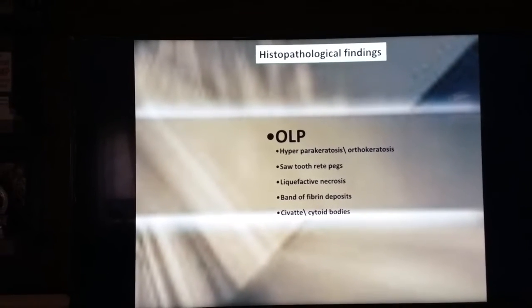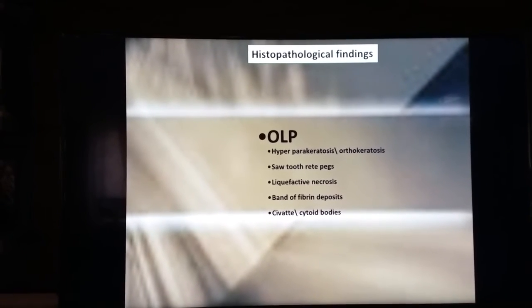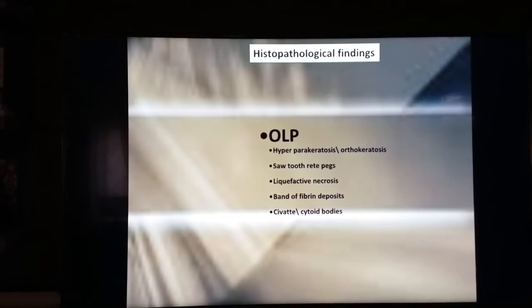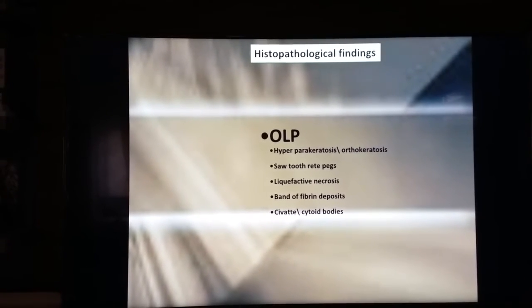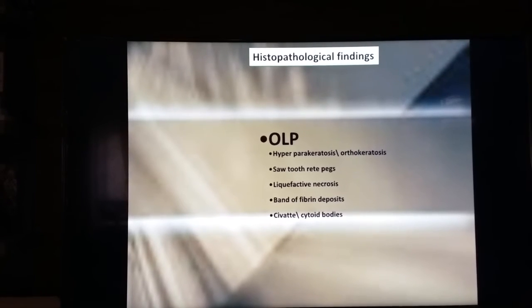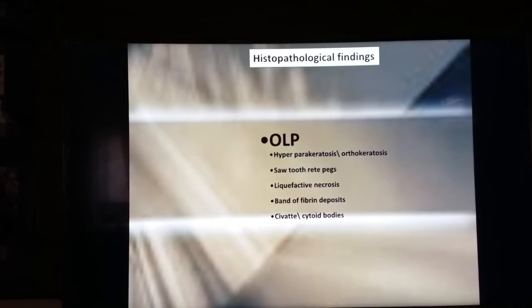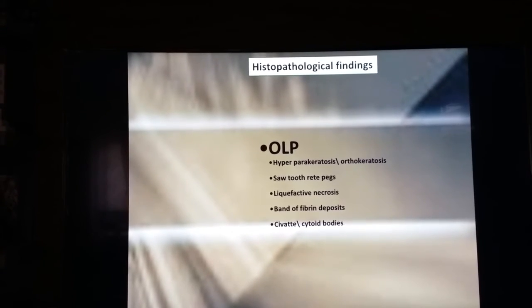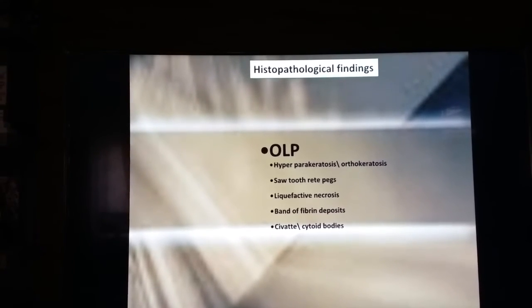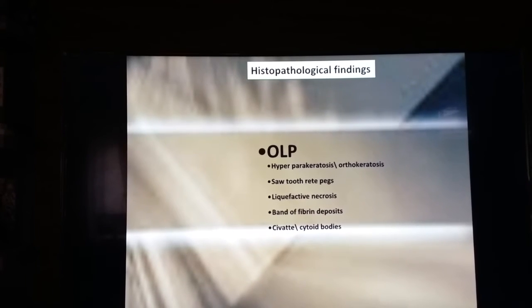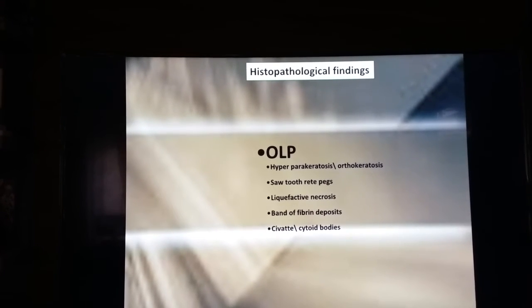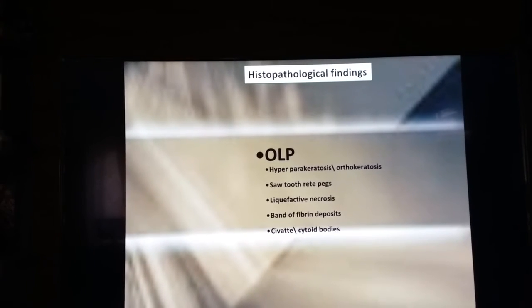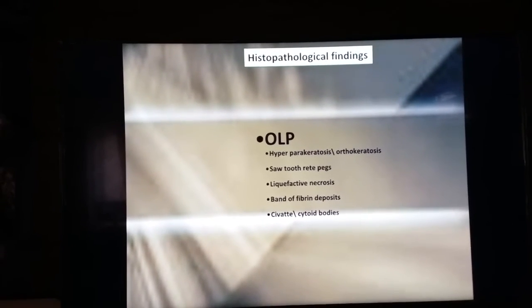So we are going to talk about the histopathological changes occurring in oral lichen planus. You will find in the epithelium there will be saw-tooth rete ridges, which is a characteristic feature of lichen planus. The presence of hyperparakeratosis and orthokeratosis are again characteristic. In the connective tissue there is liquefaction necrosis, and a band of fibrin deposits can take place.